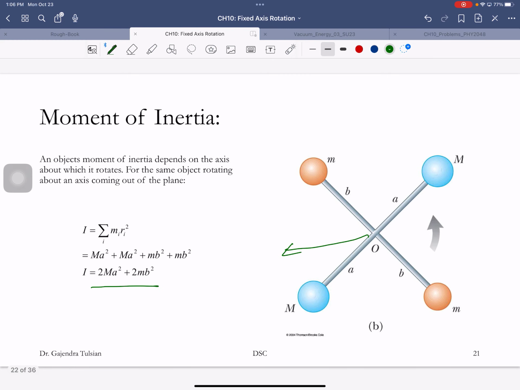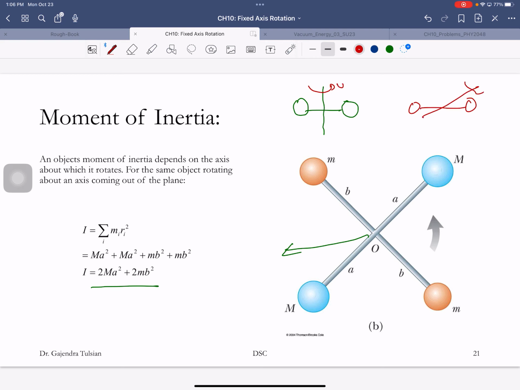So for instance, this kind of stuff is real. This room is full of diatomic gases, and these molecules can rotate. The rotation about this axis is possible, and the rotation about that axis is possible.